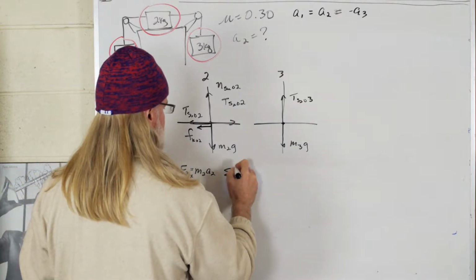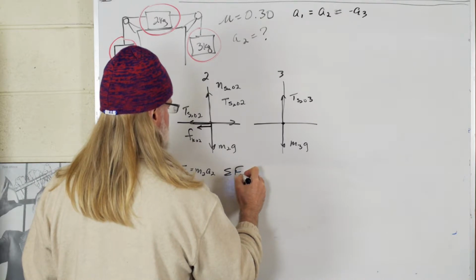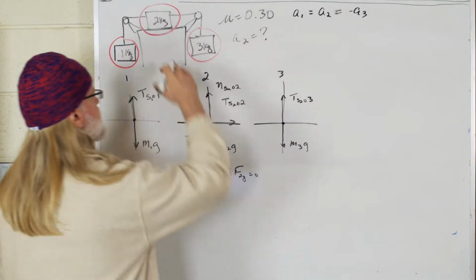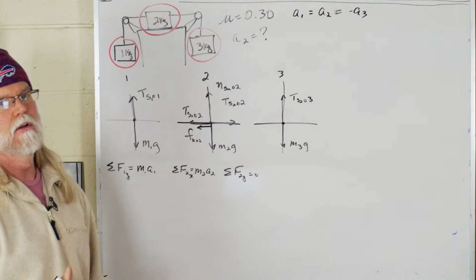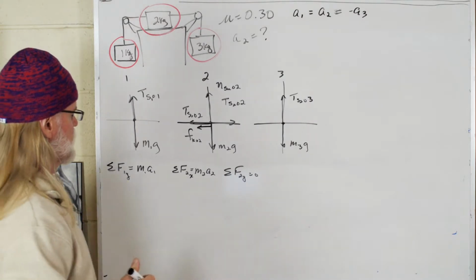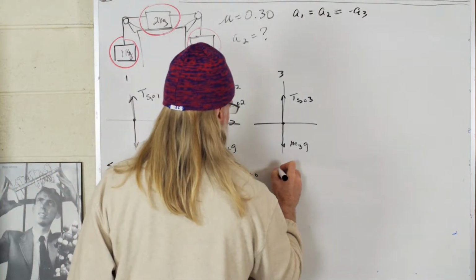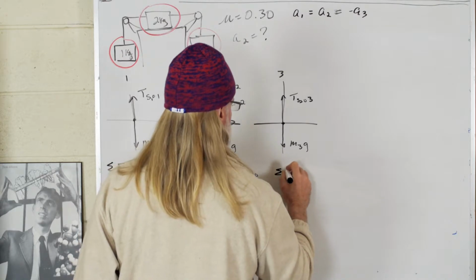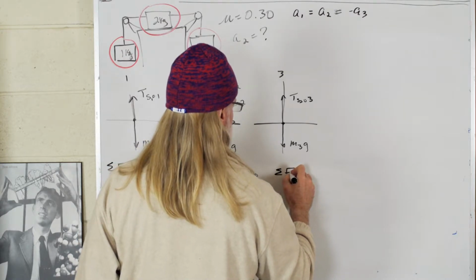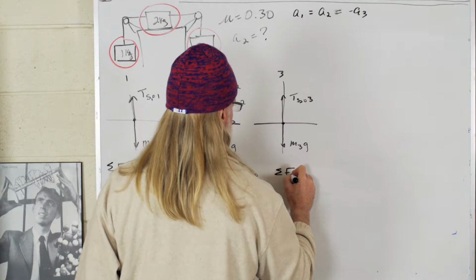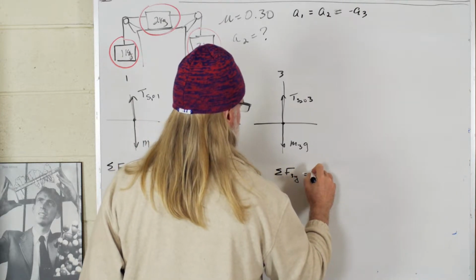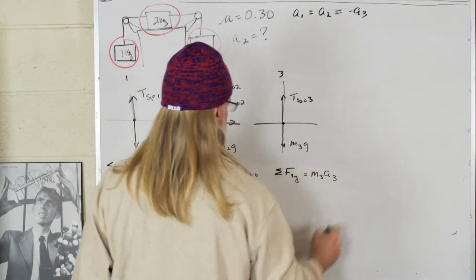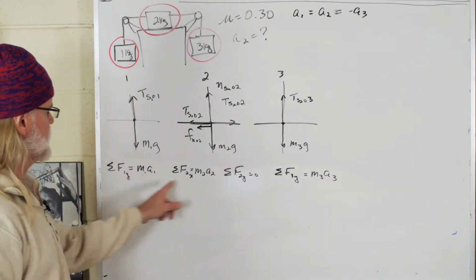And then, of course, the sum of the forces on 2 in the y direction will equal 0. It's not going to accelerate up or down. So there we go. We're going to have those two equations and Newton's second law. And we have the sum of the forces for 3 in the y direction equals mass of 3, acceleration of 3.